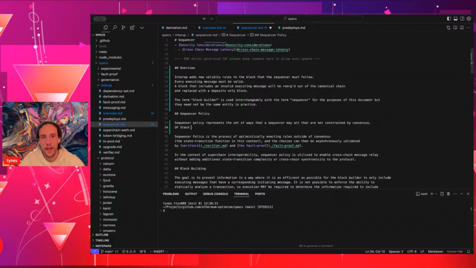OP Stack interop leverages sequencer policy to reduce synchrony assumptions between chains.